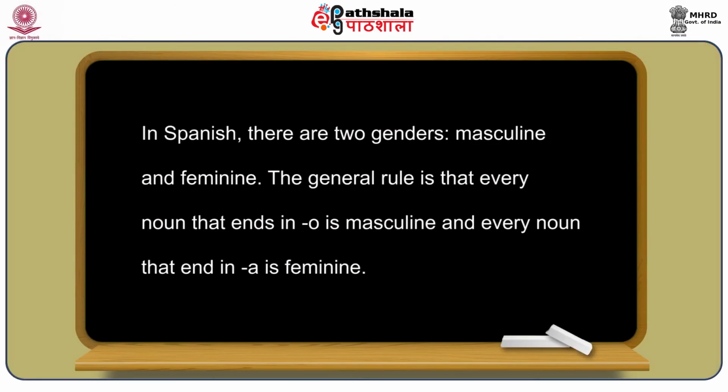As you can see, articles as well as nouns possess gender and number. In Spanish, there are two genders, masculine and feminine, and the general rule is that every noun that ends in o is masculine, and every noun that ends in a is feminine. However, it can sometimes get more complex than that.